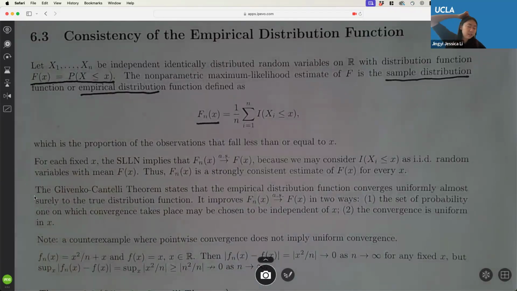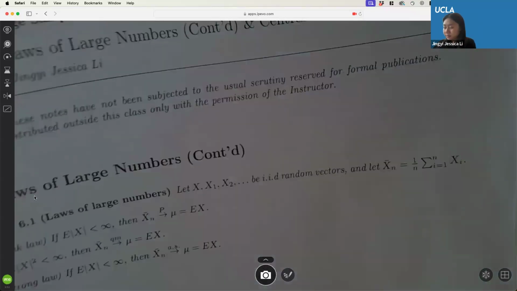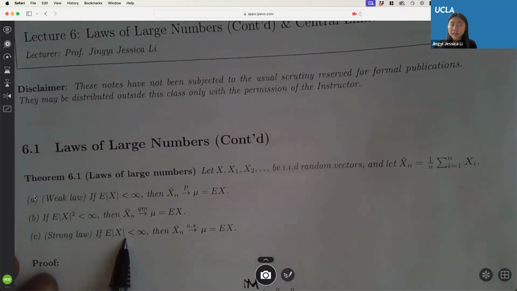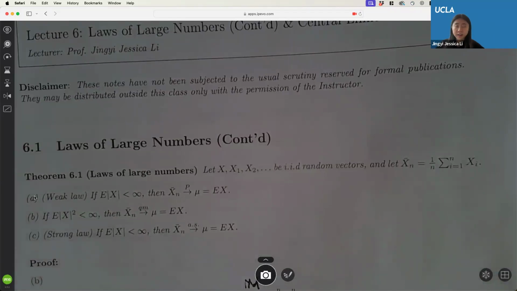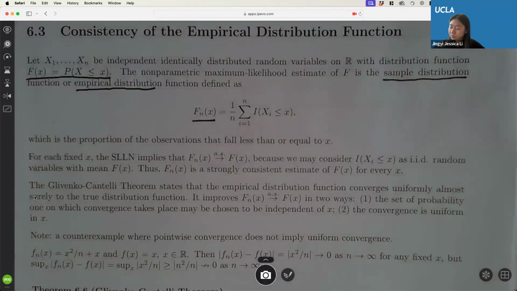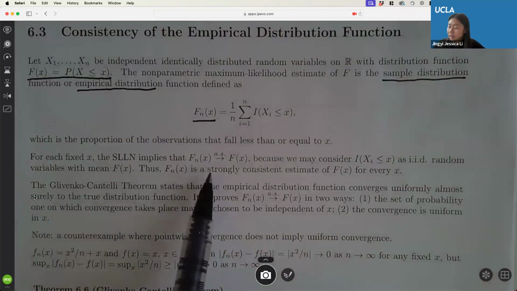We said it's not easy to achieve almost sure convergence, but for the law of large numbers we can, which is very good. The only requirement is that the random variable's distribution is not so heavy-tailed, so the expectation of the absolute value is finite. That's the only condition.